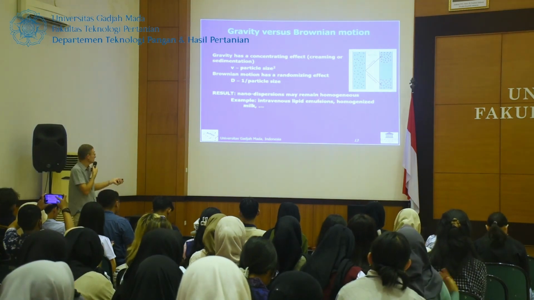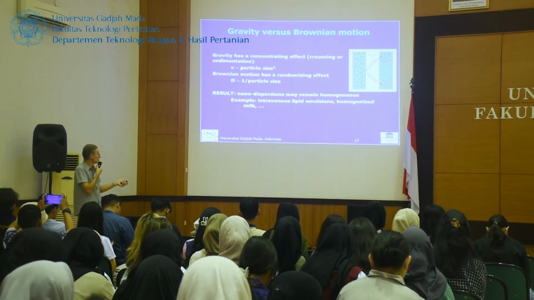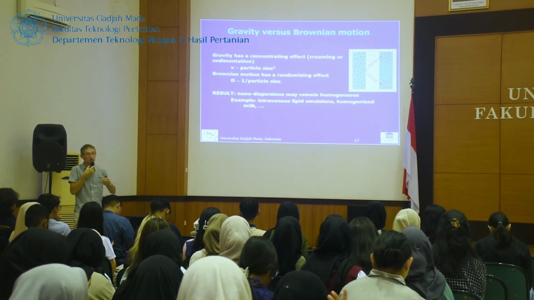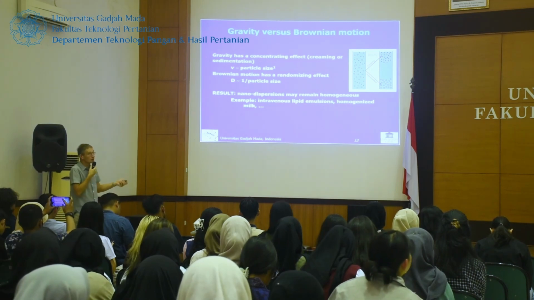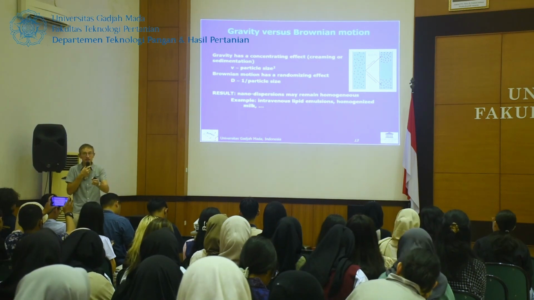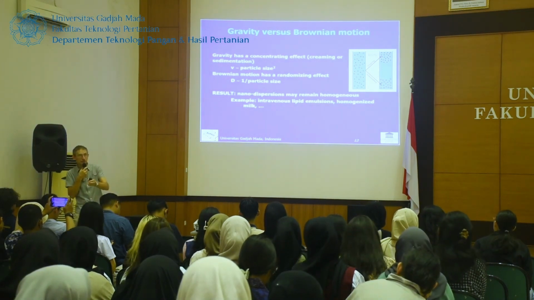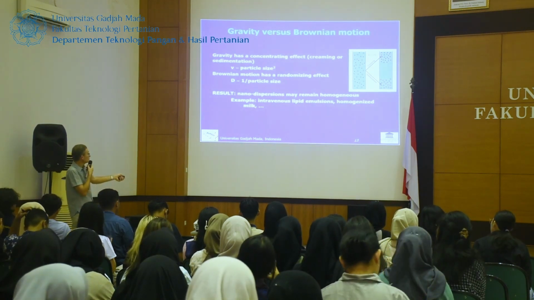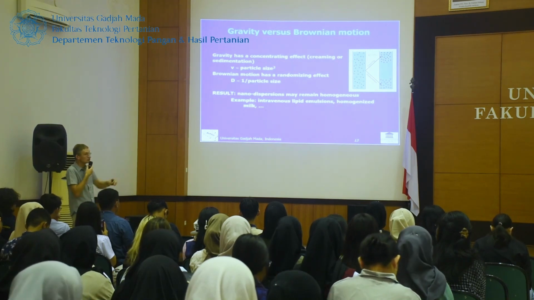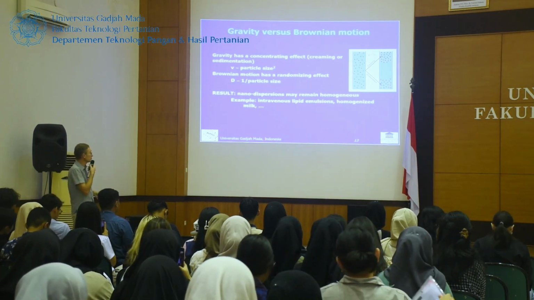And of course the typical example is again the milk that you normally find in the shop, which does not show any creaming anymore. That's because that milk was homogenized, and in that homogenization process, your droplet size is typically reduced by a factor of 10. Originally in milk you have droplets of several micrometers, which are susceptible to creaming.